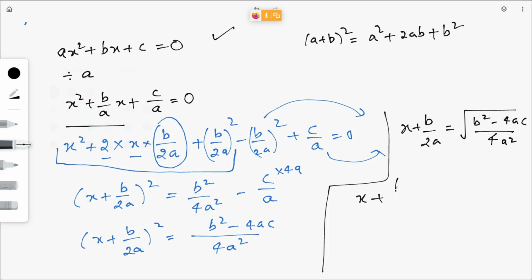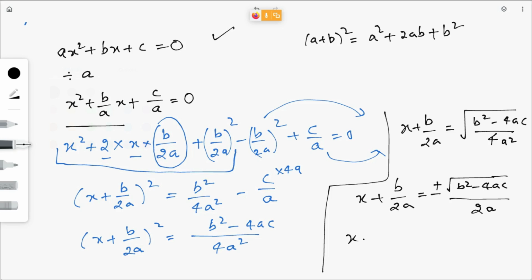Whenever you take the root, you will get plus and minus root of b square minus 4ac divided by 2a. Yes or no? Root of 4a square is 2a.